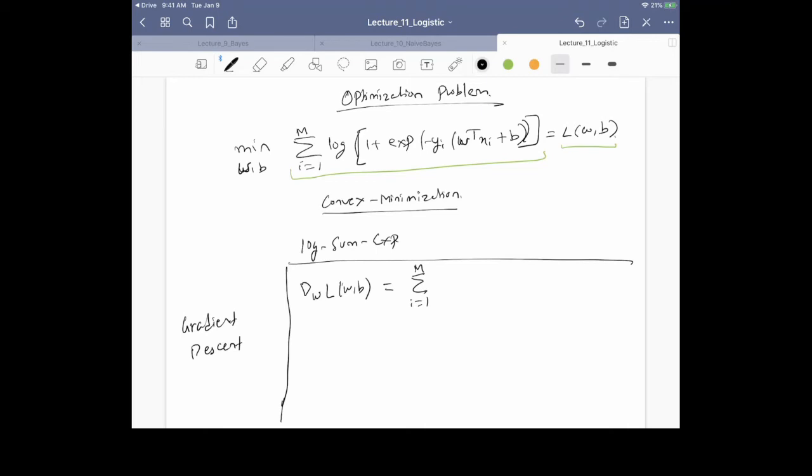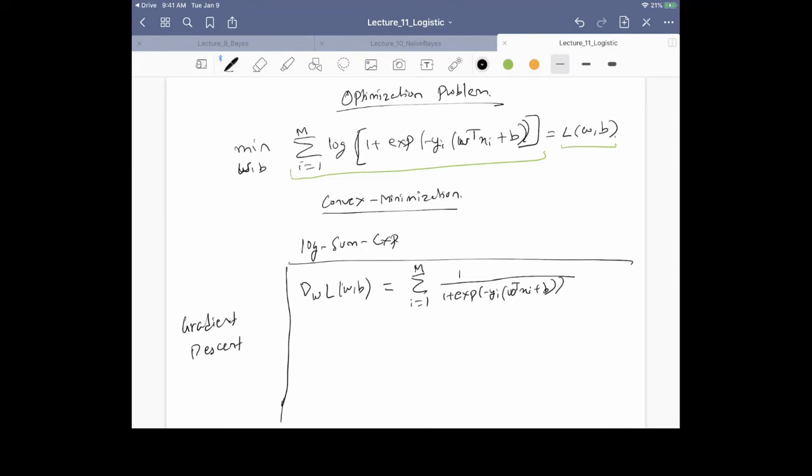We take the derivative of log of this term, which is one over this particular term. So we get 1 over 1 plus exp raised to minus yi multiplied by w transpose xi plus b.